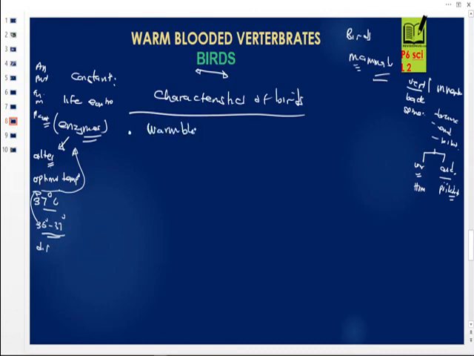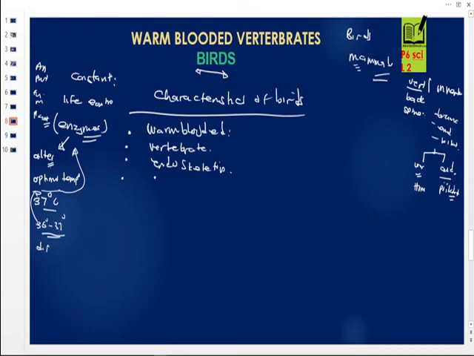So these birds are warm-blooded, meaning that their temperature is maintained constant. And apart from that, these birds are vertebrates. Obviously they have a backbone. Then these birds have what we call an endoskeleton. Their bones are found inside their bodies. What covers their bodies?